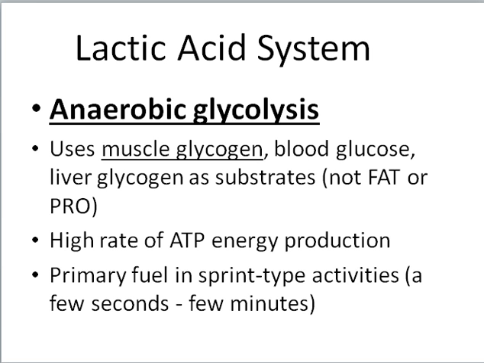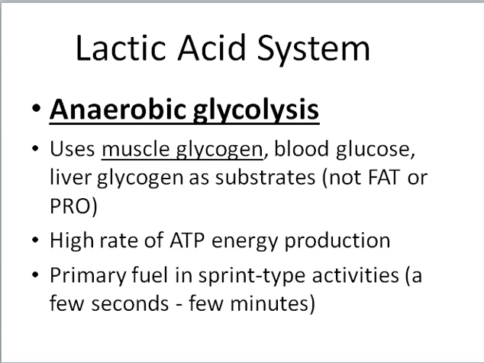So if you remember back, I told you that muscle glycogen is the stored form of the carbohydrates that we eat. So it uses muscle glycogen, blood glucose, meaning available glucose in the blood, and liver glycogen as substrates. No fat though, or protein. Anaerobic glycolysis only relies upon carbohydrates to produce ATP.